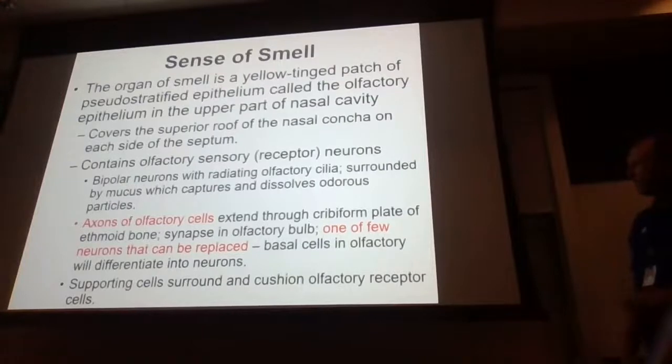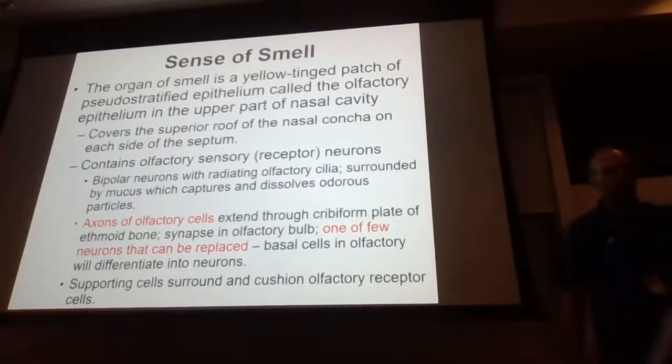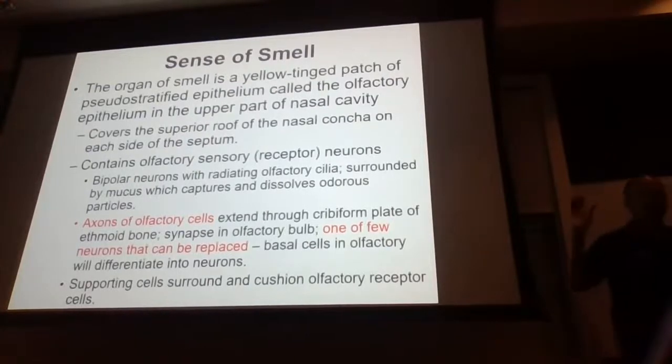These neurons that are responsible for this, located right in this pseudostratified epithelium, are one of the few neurons that can be replaced. These guys can die and be replaced. They have associated with them another cell called a basal cell.